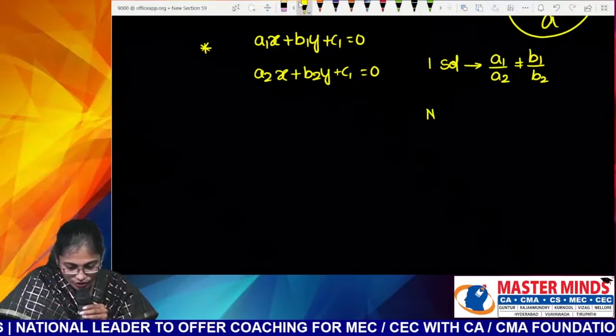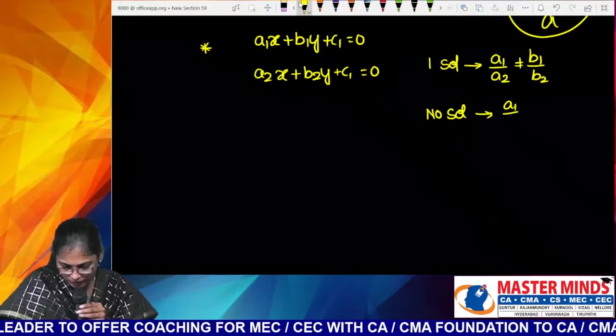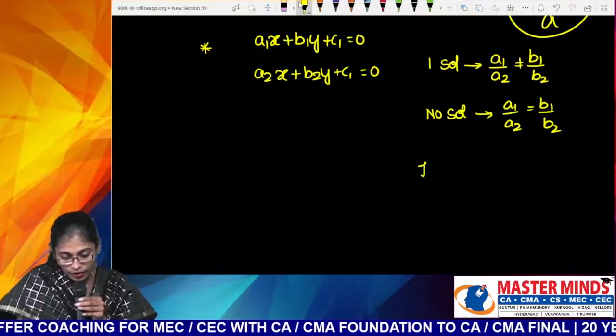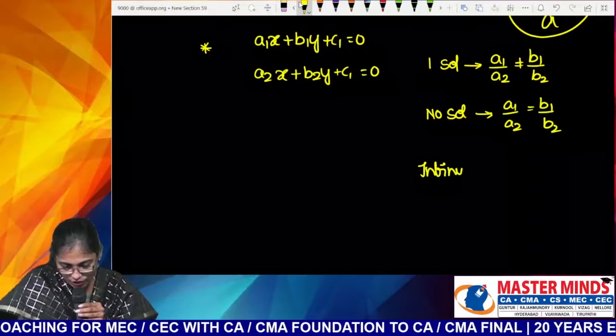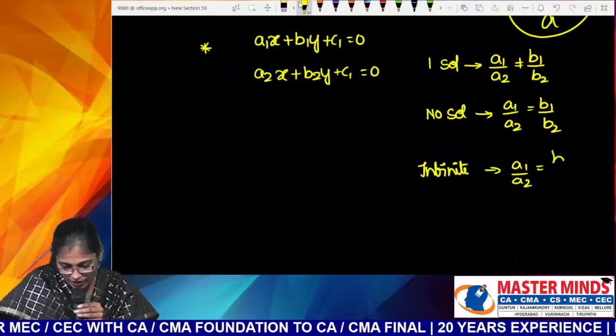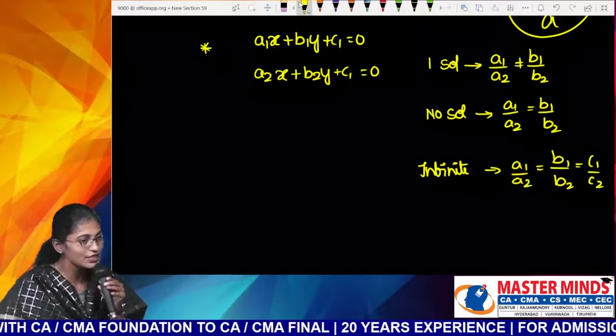No solution whenever the opposite. Tell me the opposite word for this one: a1 by a2 equals to b1 by b2. Next, infinite solutions if a1 by a2 equals to b1 by b2 equals to c1 by c2.